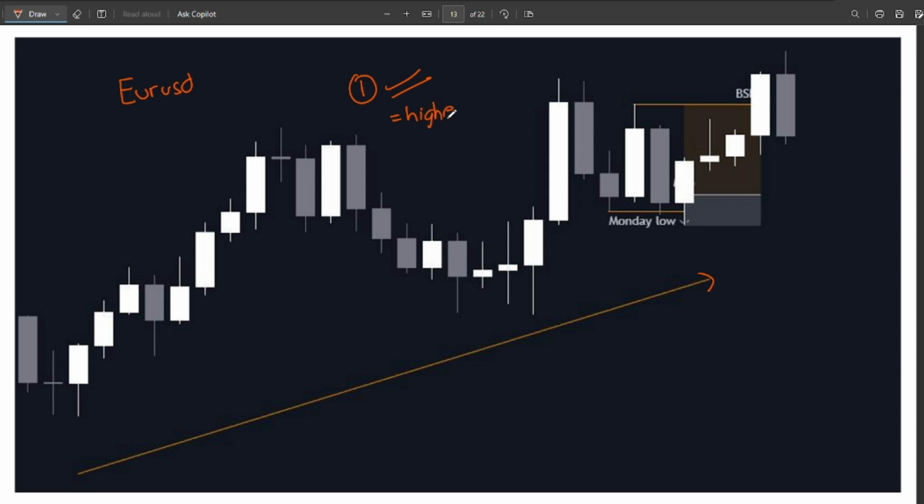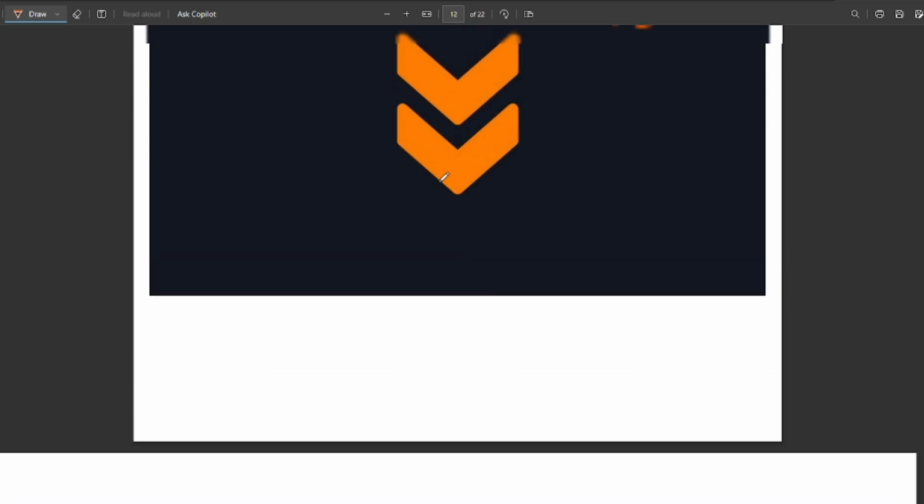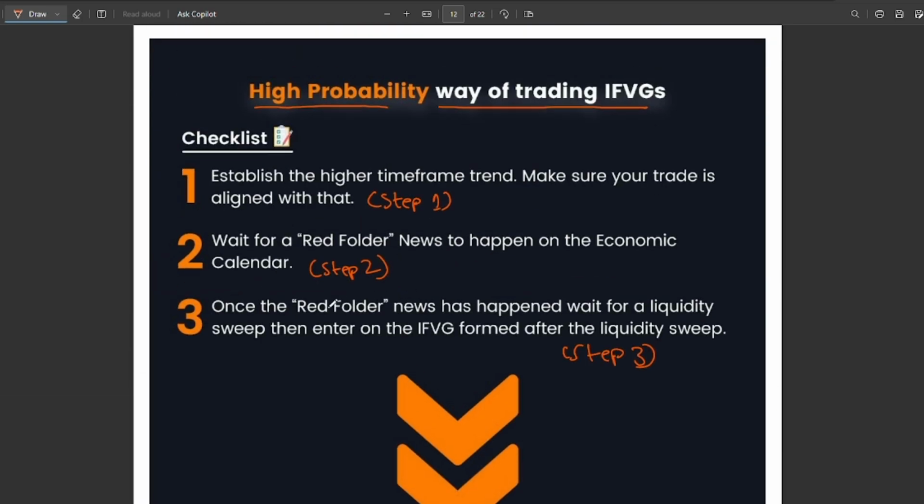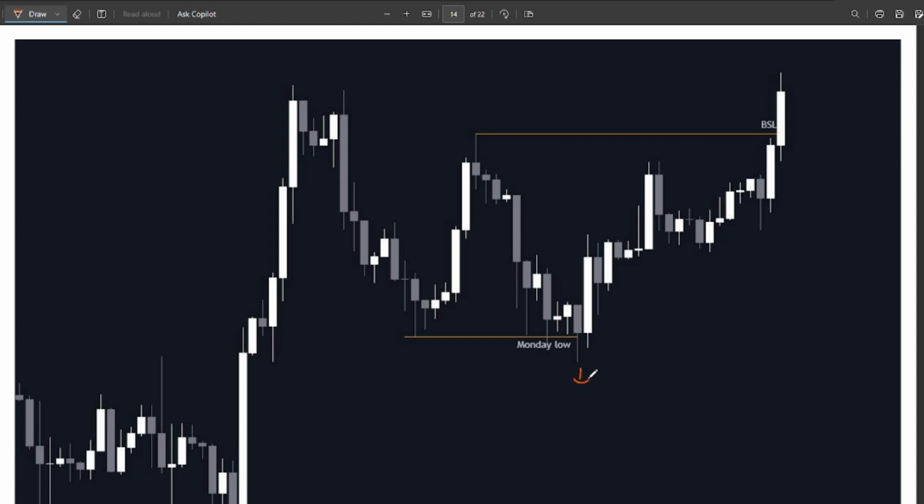Now let's move on to our second and third steps, which were to take a trade after a red folder news and after a liquidity sweep has happened. Here you can see this gray candle was the red folder news and it took out the liquidity of the Monday low. Also, it closed back inside the Monday low. So this is a potential long.